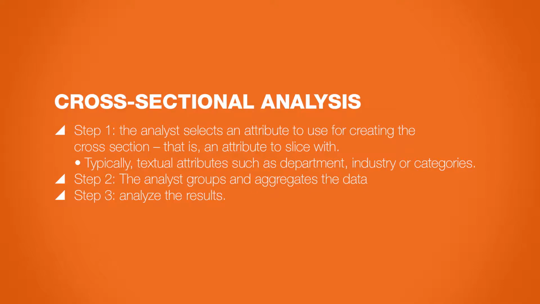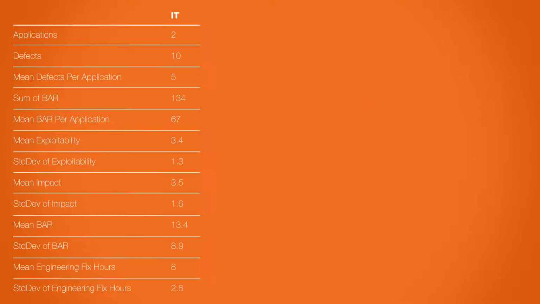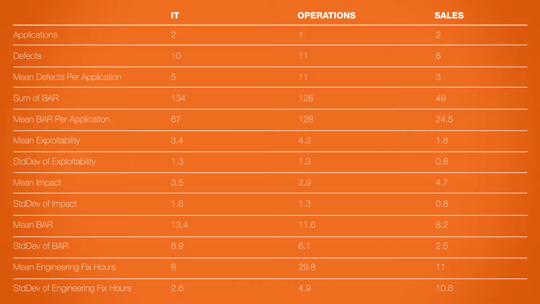After selecting a suitable attribute, the analyst groups and aggregates the data. Finally, the real fun begins: analyzing the results. For instance, suppose we want to analyze the performance of each department using the owner attribute as the cross-sectional attribute. Then conduct a suitable grouping and aggregating strategy for the cross-sectional analysis.